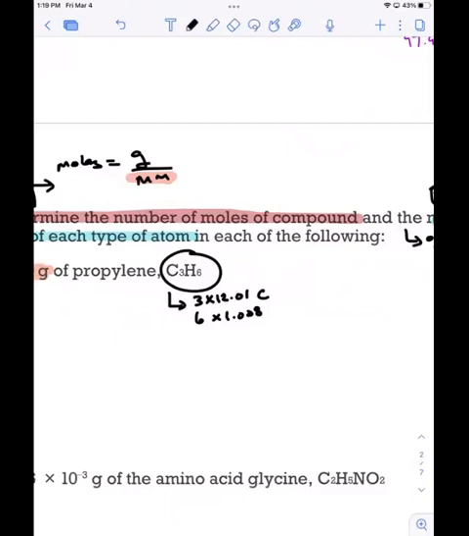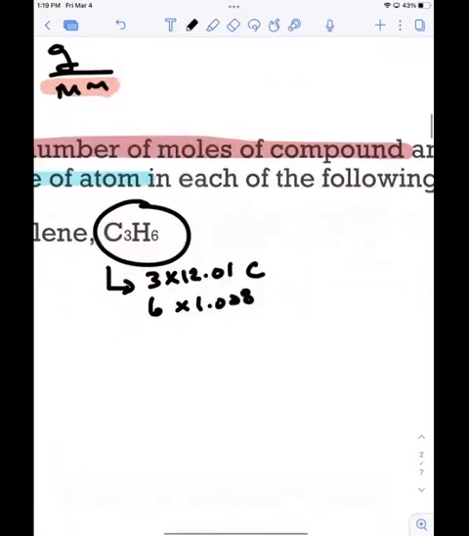We're going to separate them when we do the percent composition. But we need both atoms, carbon and hydrogen, and the number of each of the atoms to find the molar mass. So we got 6 hydrogens and 3 carbons. Did that answer your question? Yes, sir.